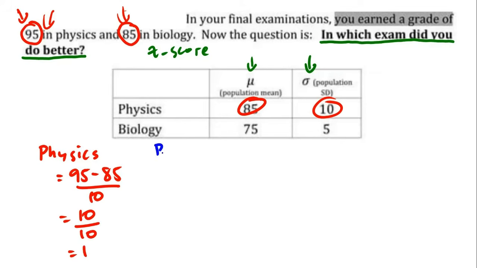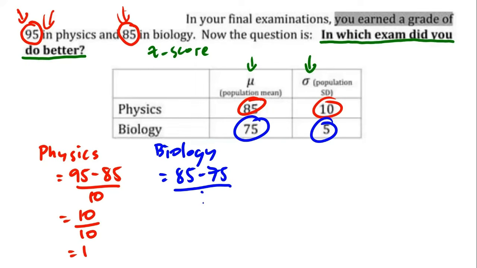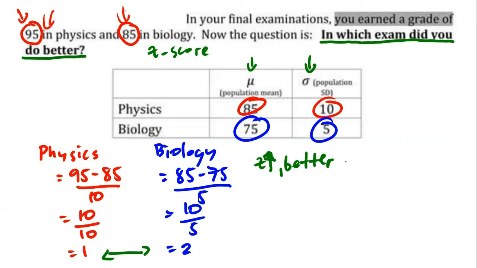Next, we have biology. So biology is 85 minus 75 over 5. So 10 over 5, which is 2. Now, as you can see na magkaiba yung Z-score ninyo ng physics and biology. Ang ibig sabihin niyan, pag mas mataas yung Z-score natin, better yung inyong grade or kung ano man yung tinutukoy ng data ninyo.